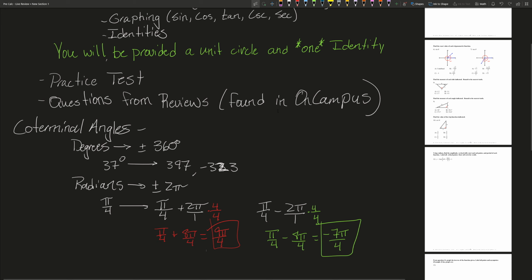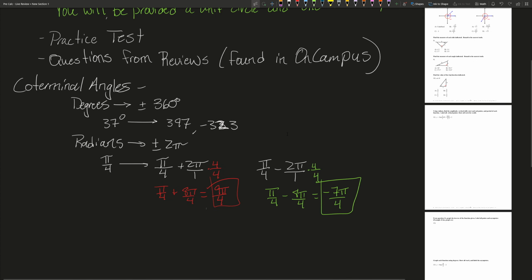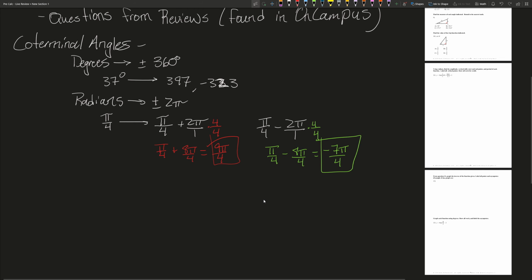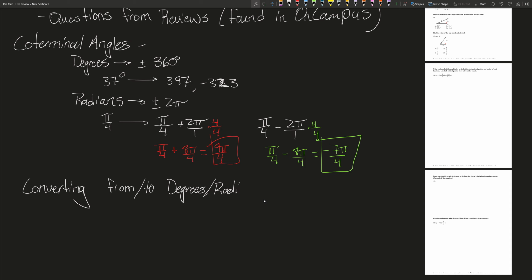The next thing we need to do is convert degrees to radians. When converting to or from degrees or radians, we have to keep in mind our conversion factor.